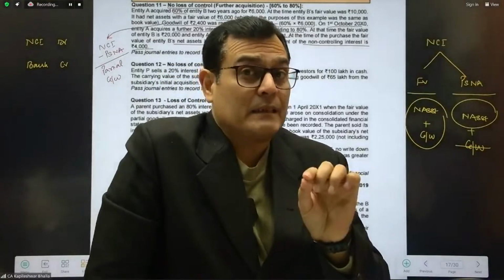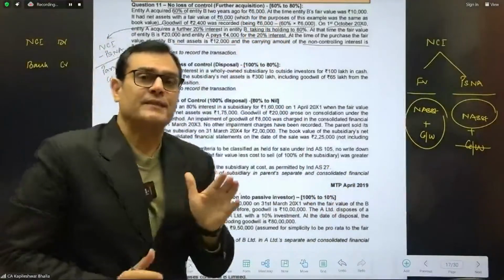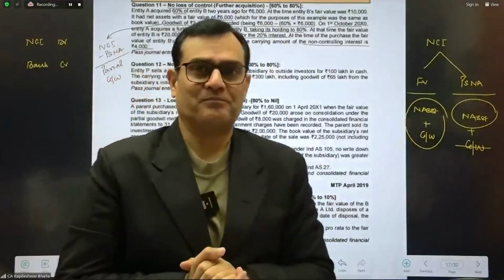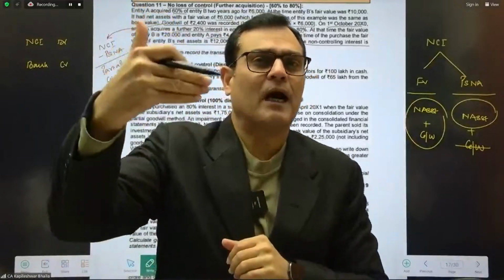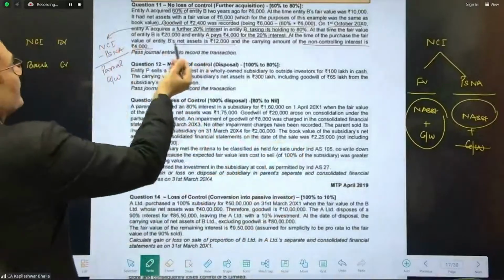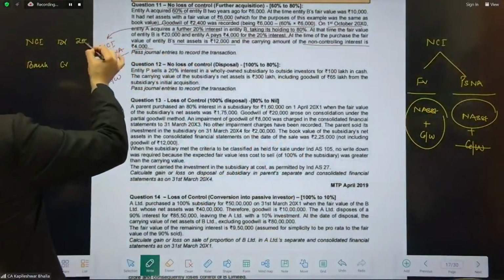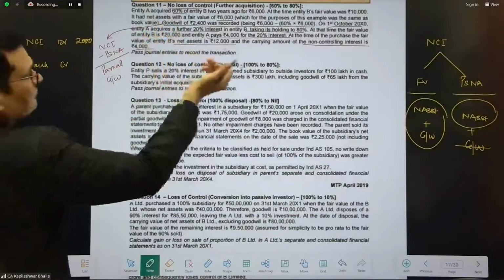Because we had a 60% stake, so 40% was with the NCI. Now the NCI has become 20%. If the NCI has gone from 40 to 20, it is simply half. And if it is simply half, then I can simply reduce the NCI by 50%. That is 50% of 4,000 done.